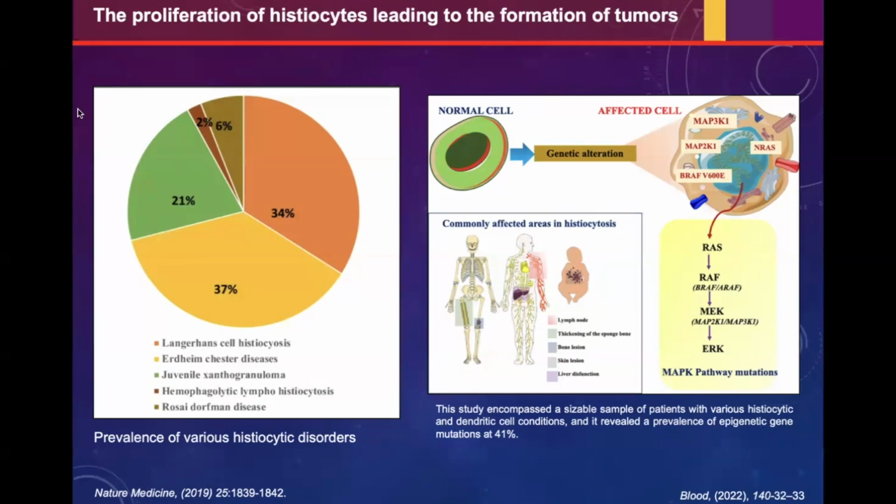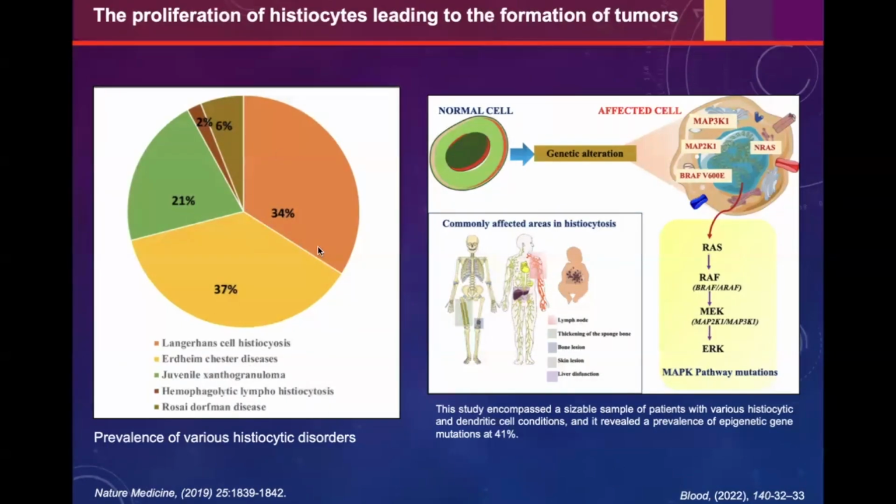Histiocytosis in general is a varied group of rare disorders, whose common denominator is myeloid cell overgrowth and infiltration of nearly every organ of the human body. It may start at any age, affecting both adults and children. It can also be explained as the proliferation of histiocytes.